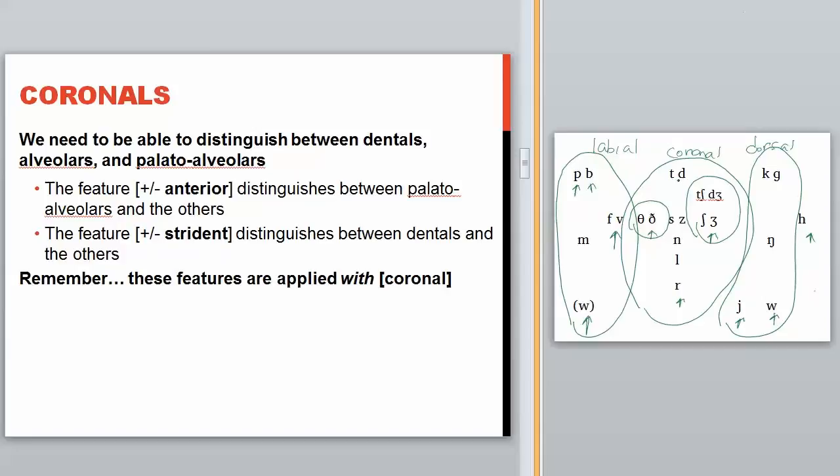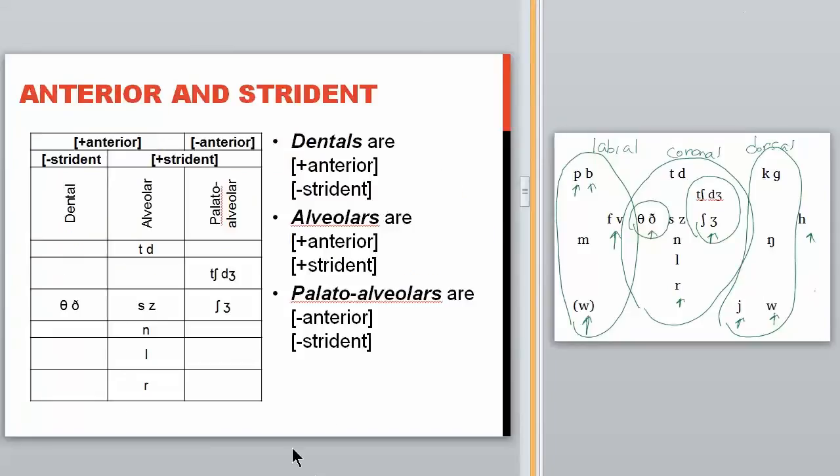Now be careful, because t and d are also minus strident because they don't carry that kind of hissing sound. So to summarize, using these two features, anterior and strident, we can fully distinguish between dentals, alveolars, and palatal-alveolars. And remember that we can only use these two features under the coronal place feature.